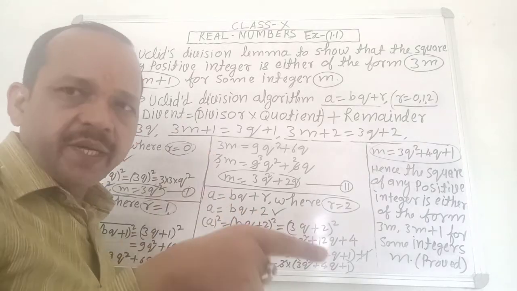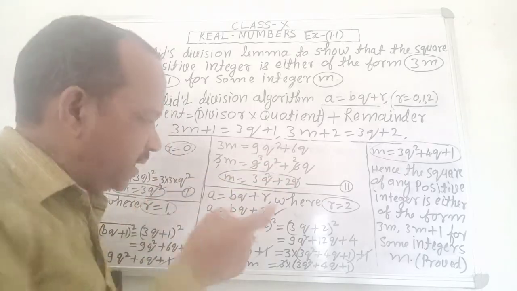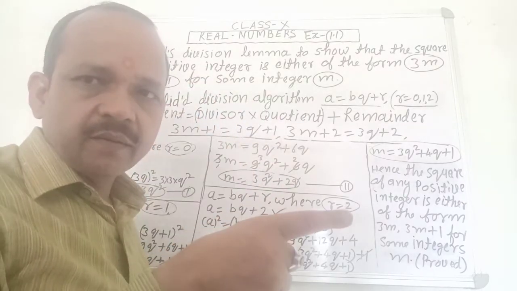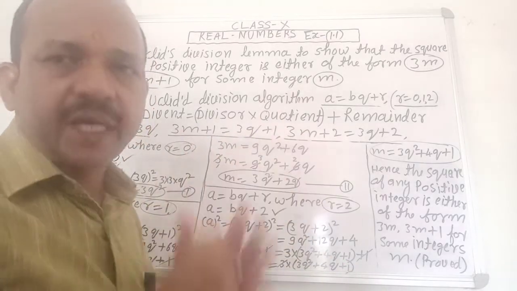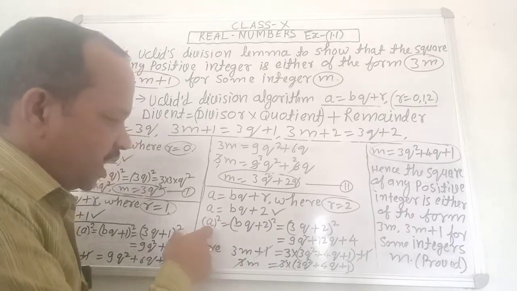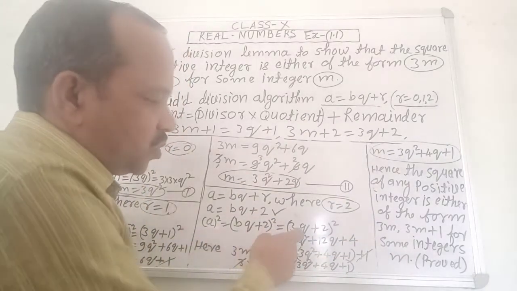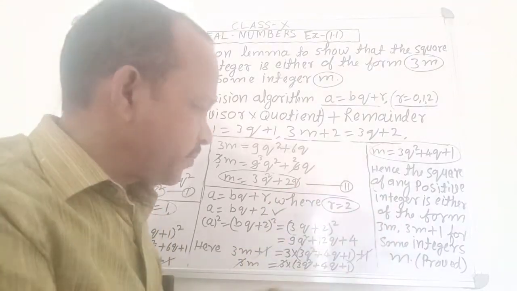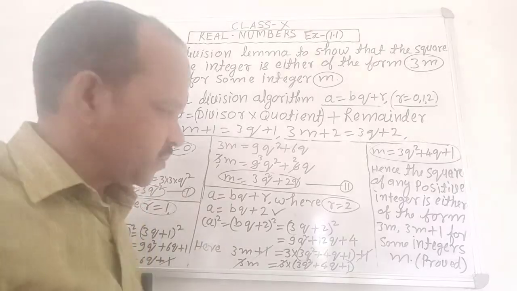A is dividend, b is divisor, q is quotient, r is remainder. Squaring on both sides, it becomes a square equals bq plus 2 whole square equals 3q plus 2 whole square. It becomes 9q square plus 12q plus 4.